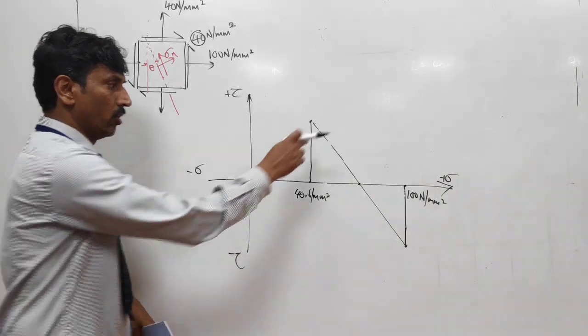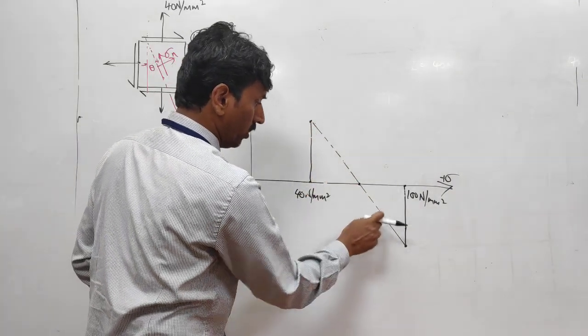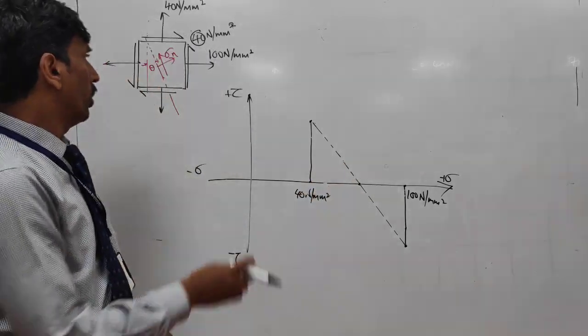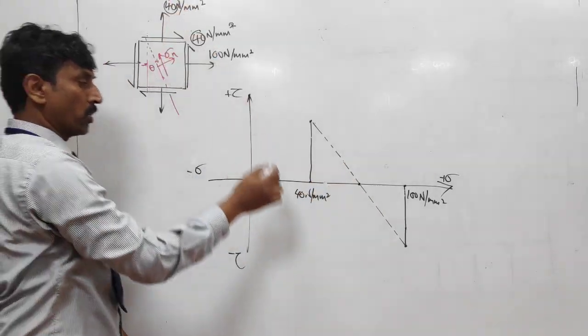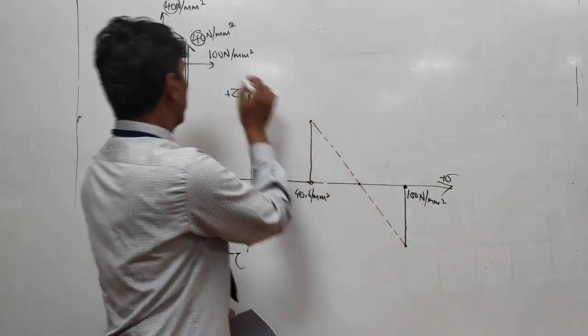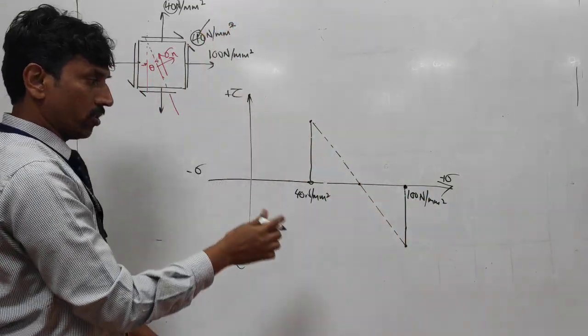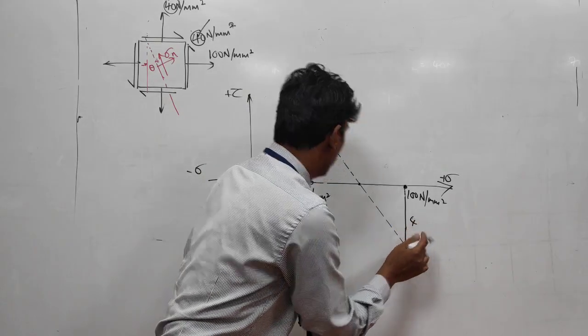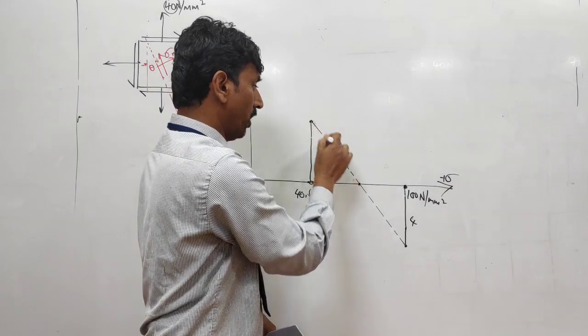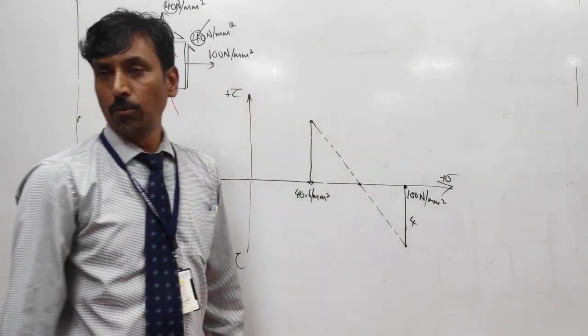Okay, so this line is trying to connect these 2 points. So what you have done now, 40 Newton per m square you have located, 100 Newton per m square you have located, then this 40 shear stress is drawn here, and this 40 on the other side is drawn above, and these 2 points are joined and you get the midpoint.